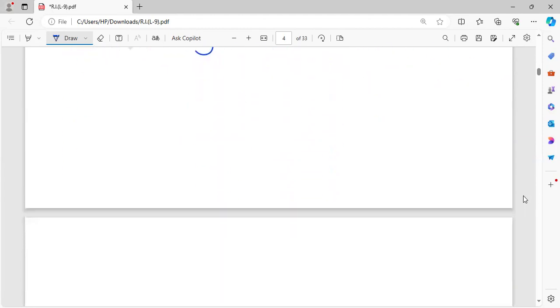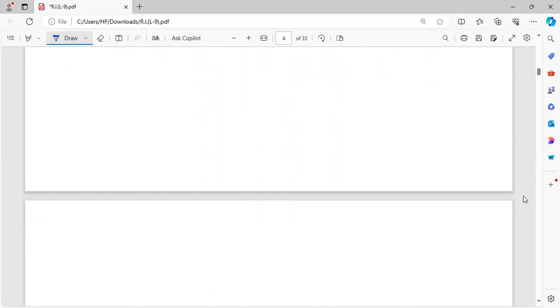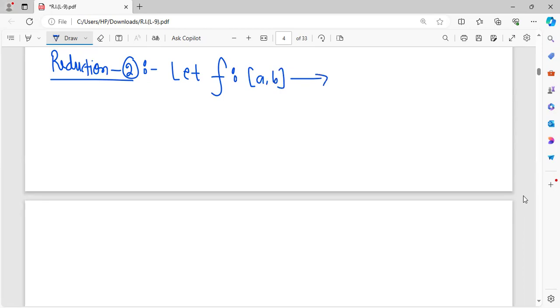Now reduction 2. What is that? Let f from the closed interval [a,b] to R be a bounded function.